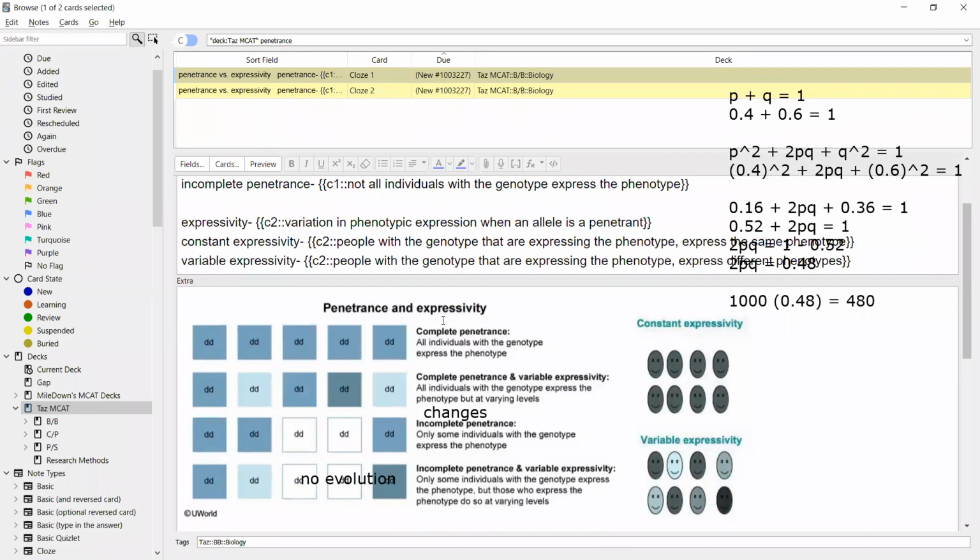Complete is that, and I posted it in the chat earlier. If you scroll up to 1123, we had said that if you have the genotype, if you always express the phenotype, then it's complete penetrance. But if anybody has the genotype but doesn't express the phenotype, then it's incomplete penetrance.